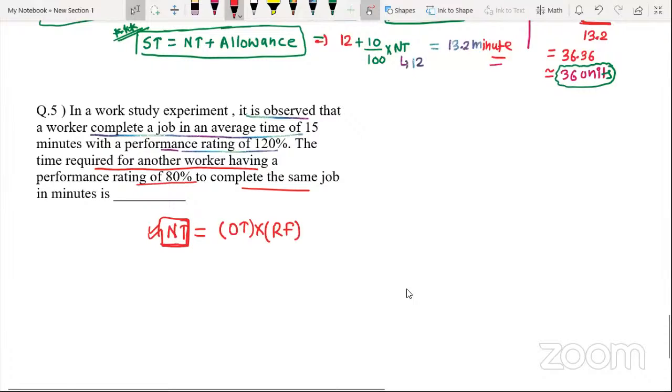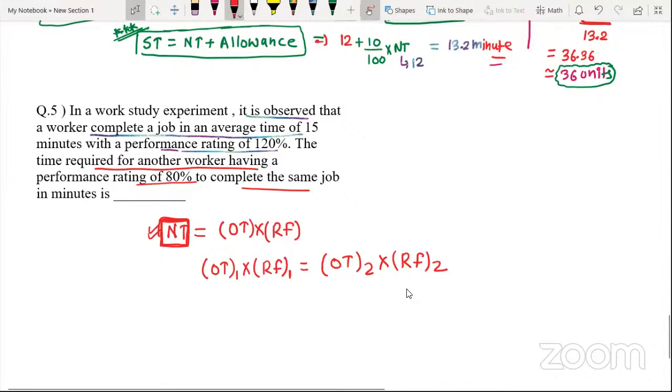So since the normal time remains constant, OT of worker 1 into rating factor of worker 1 equals observed time of worker 2 into rating factor of worker 2.